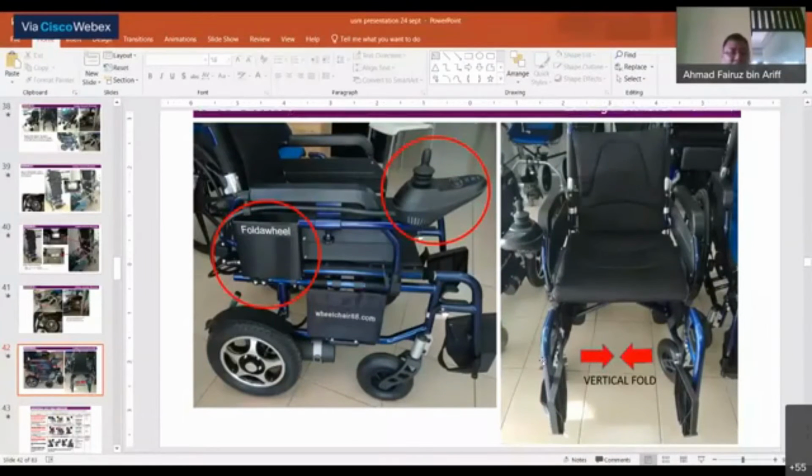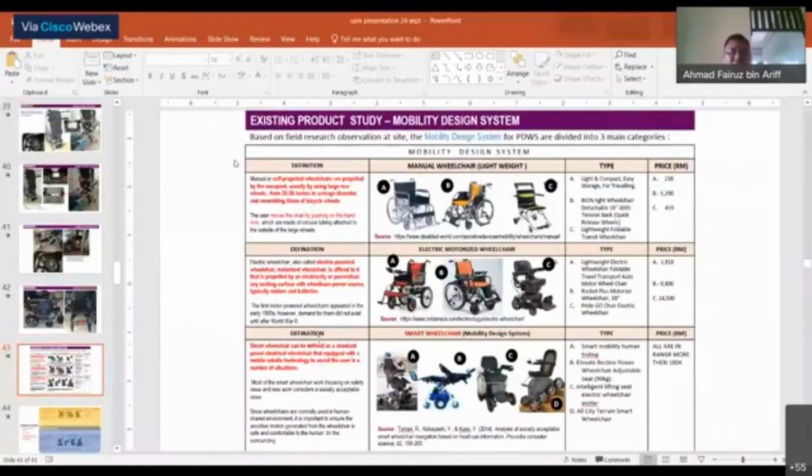Based on this, we can conclude that in the market there are three types of wheelchair, or mobility design system: a manual wheelchair, which is lightweight and caters for normal people, an electric motorized wheelchair, and a smart wheelchair, which is more towards gadgets, electronics and so forth.